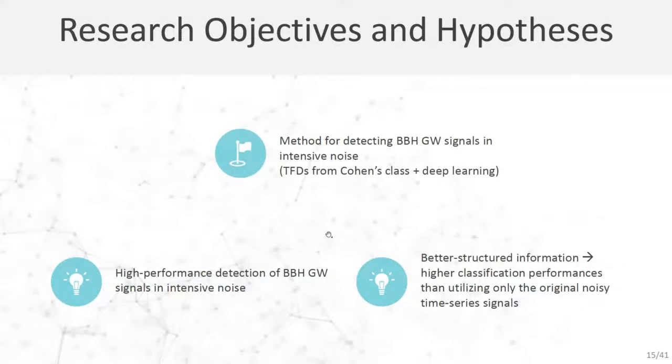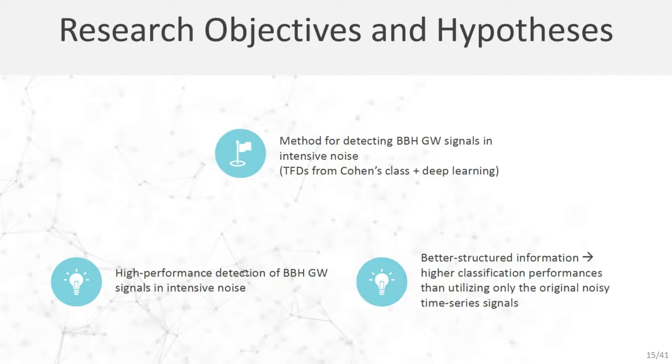Taking into account mathematical properties of the TFDs from Cohen's class, which we saw were beneficial for non-stationary signal analysis and representations, we wanted to utilize these good properties and combine them with today's state-of-the-art deep learning classifiers based on the 2-dimensional deep convolutional neural networks to detect non-stationary signals, and apply this method also for detecting binary black hole gravitational wave signals in intensive real-life noise from LIGO detectors.